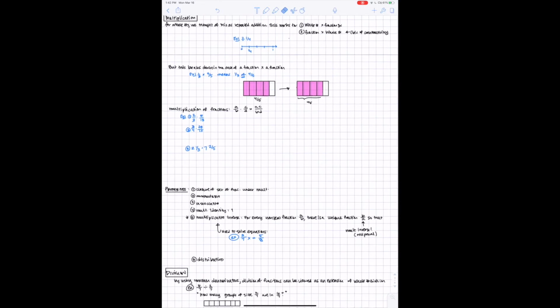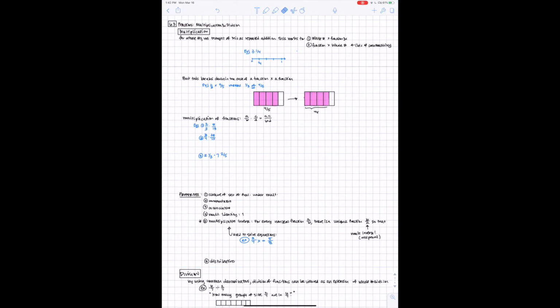Okay, so as far as models go, we did talk about multiplication last time, but I'll just review. For whole numbers, we can think of multiplication as repeated addition, and this also works well for a whole number times a fraction, as well as a fraction times a whole number, because commutativity of multiplication tells me that it doesn't matter which order I do the multiplication in.